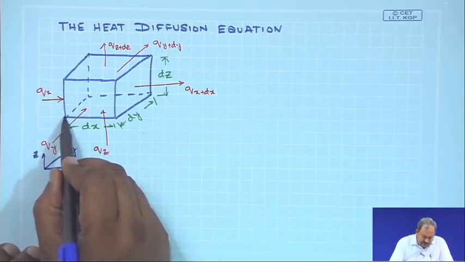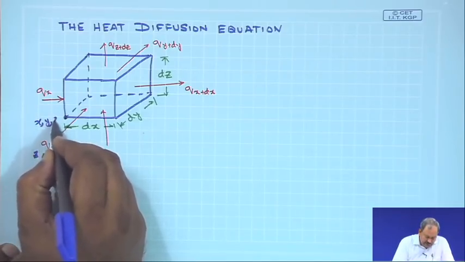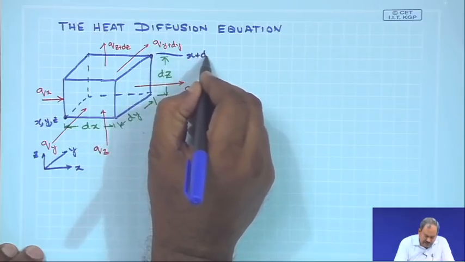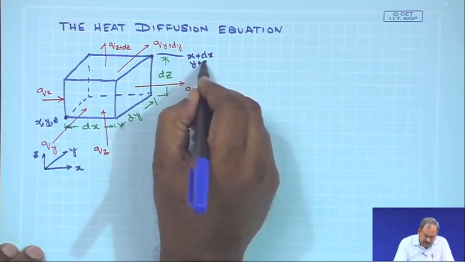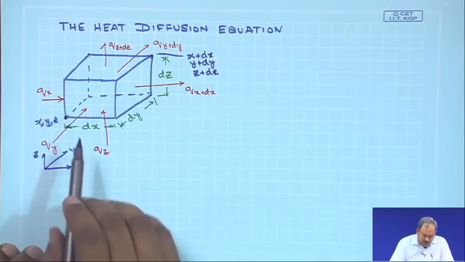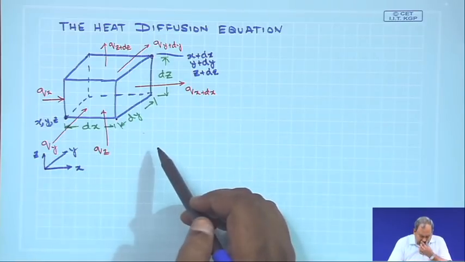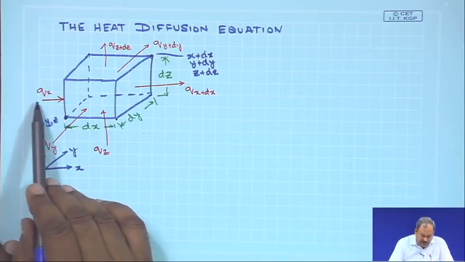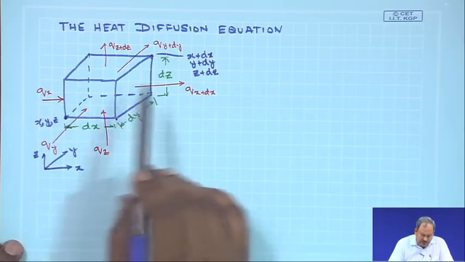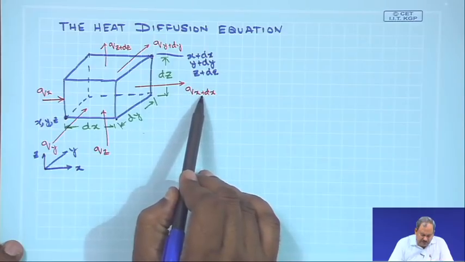This location is x, y, z, and the top obviously is going to be x plus dx, y plus dy and z plus dz. So, this point is x plus dx and so on, and we would assume that q x is the amount of heat which enters the control volume and it leaves from this face as q x plus dx.